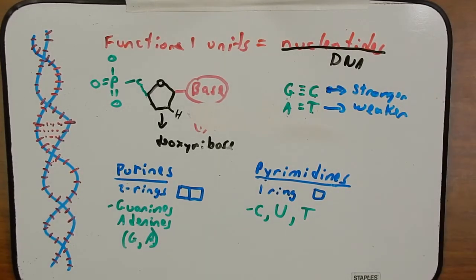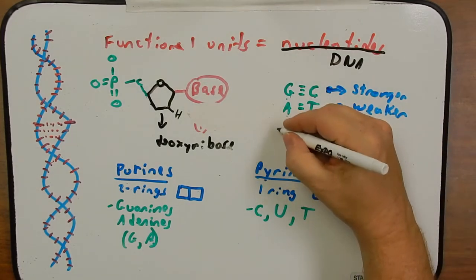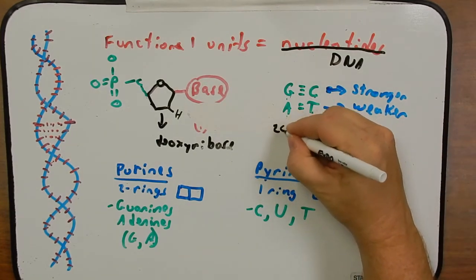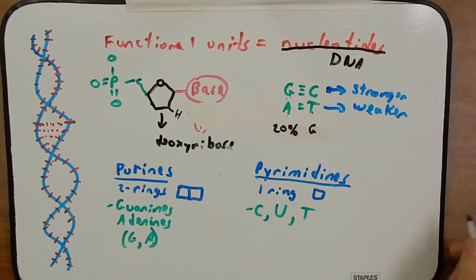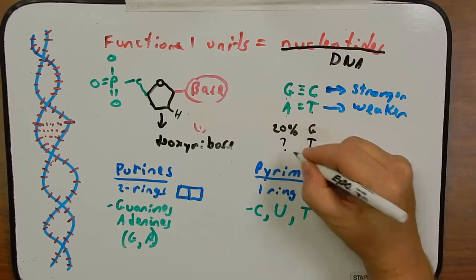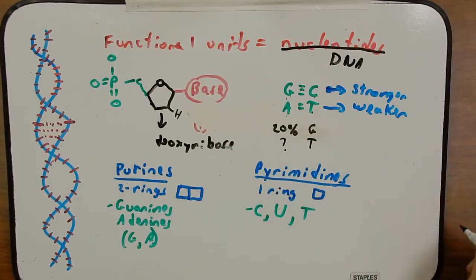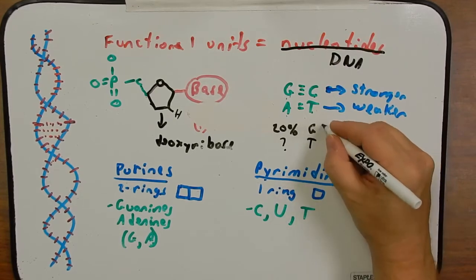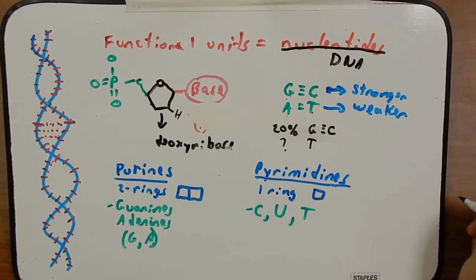So if I were to ask you a question, say on a quiz or a test, or just as you're walking down the hall, and I would say there are 20% guanines in a segment of DNA. How many thymines are there? Or what's the percent of thymines? Well, you can figure this out because for every G there is, we know there's going to be an equal amount of C's.